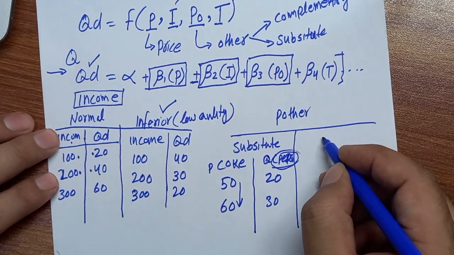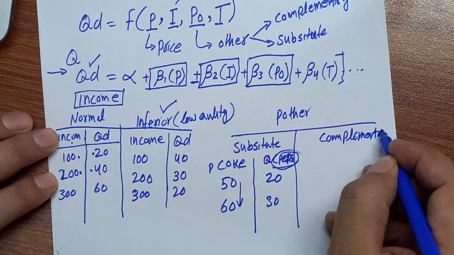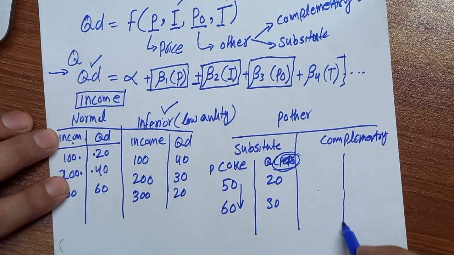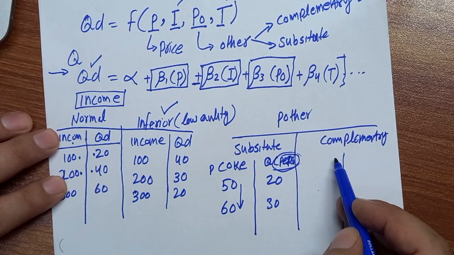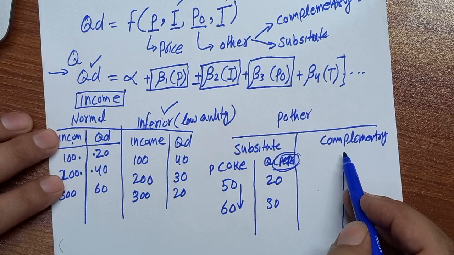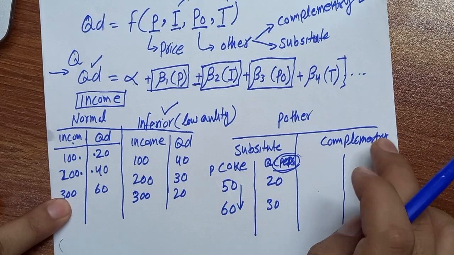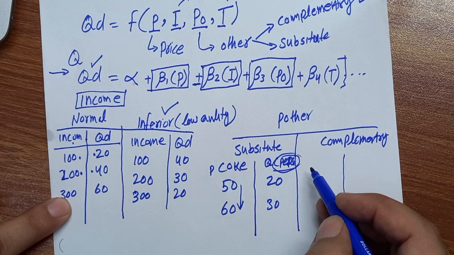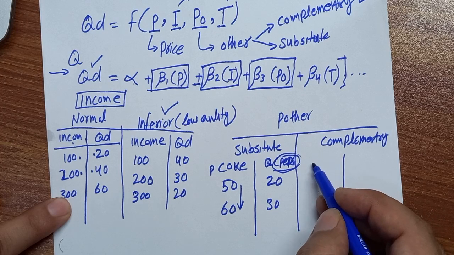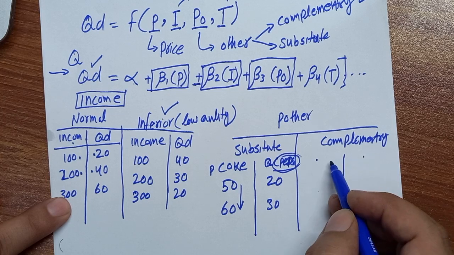Now we have complementary. Complementary products are those products where, when the consumer buys a product, he has to buy the complementary product with it. Let's say you are buying a mobile, it also contains a charger, and the price of the mobile and charger are different.